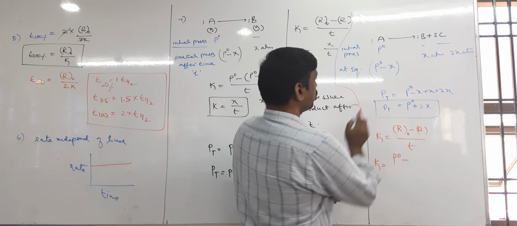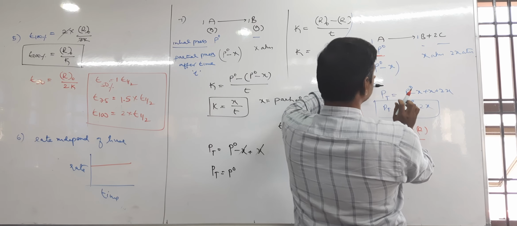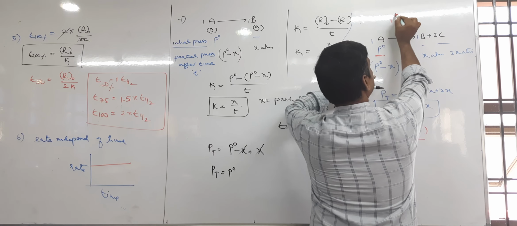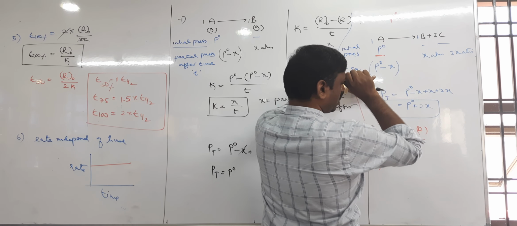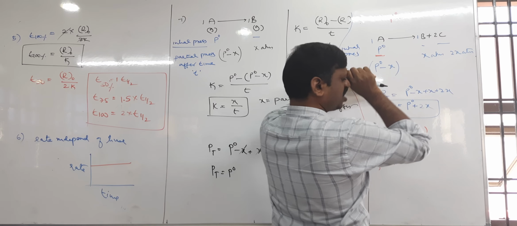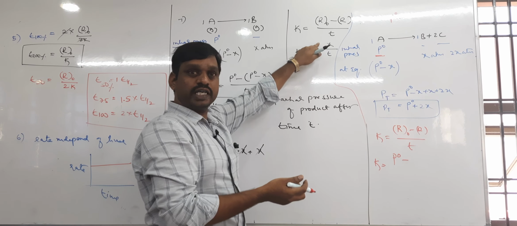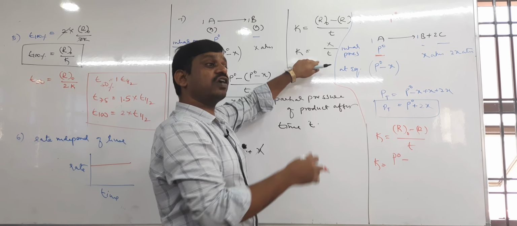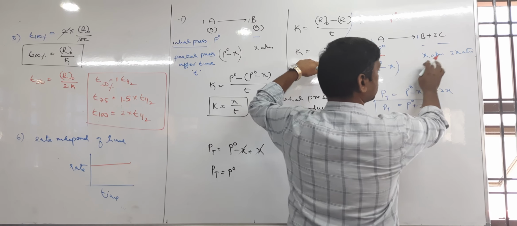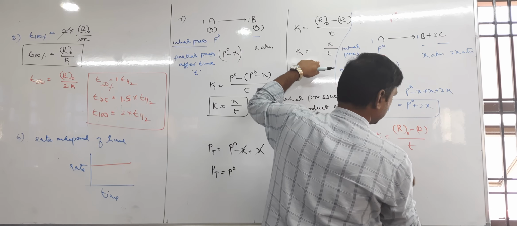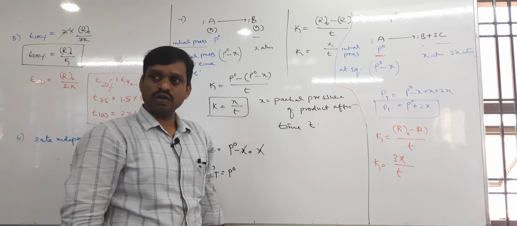The initial is P naught. Or else you do one thing, take x by t, where x is the product concentration, meaning product pressure. What is the product pressure here? x plus 2x, which is 3x by t. Yes or no?